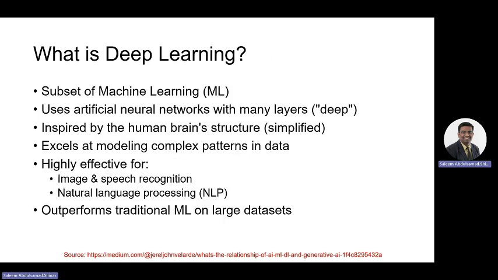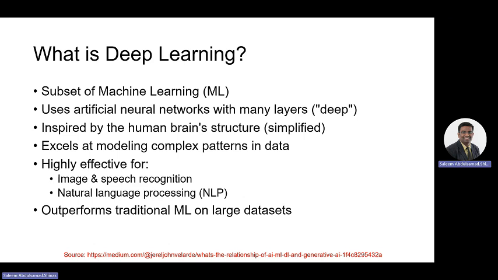The next subset is deep learning. Inside machine learning, there is a subset, deep learning. Deep learning is again a program. It includes a set of layers as a deep neural network. Each layer consists of neurons. The neurons are connected.